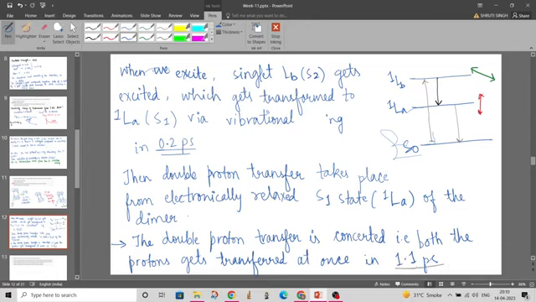So the 1.1 picosecond component is associated with the proton transfer both at once. Both take 1.1 picosecond to get transferred, and the 0.2 picosecond is the relaxation time from the 1LB state to the 1LA state.